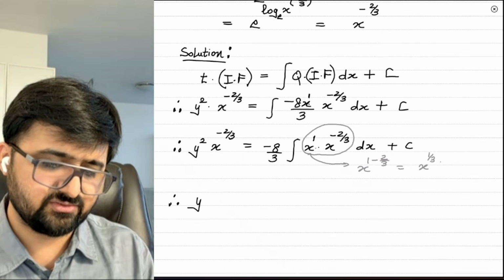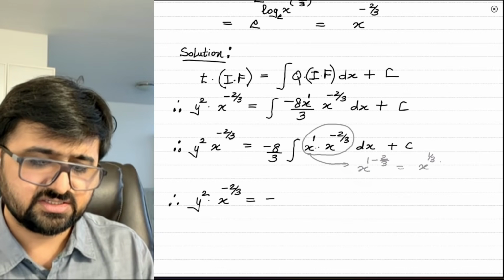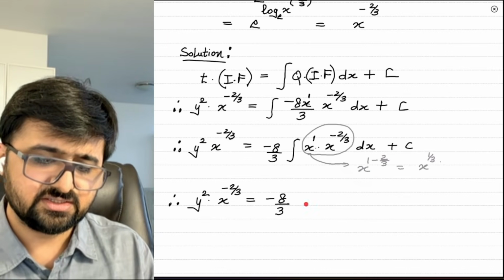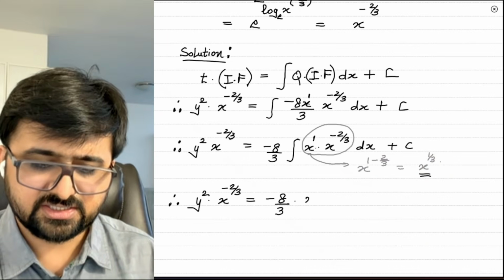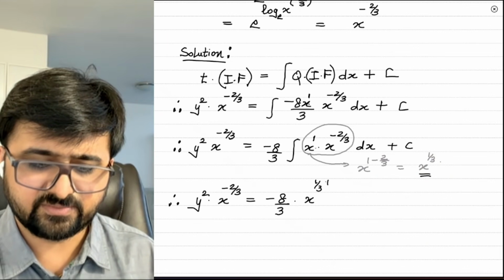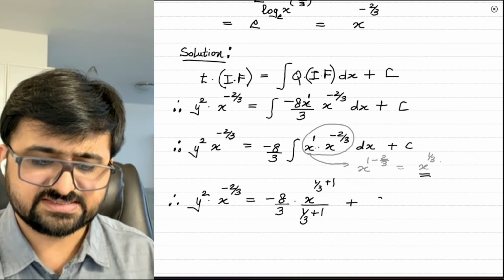This is very easy now. Y square into x to the power minus 2 by 3 is equal to minus 8 by 3 times the integration of x to the power 1 by 3, which is just like x to the power n. Using the formula of integration, it is x to the power 1 by 3 plus 1 divided by 1 by 3 plus 1, plus c.